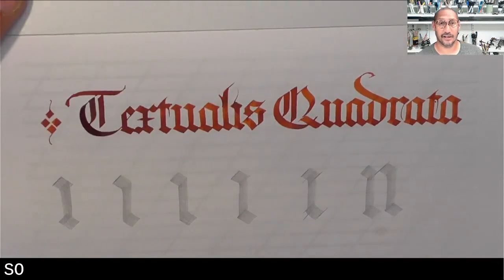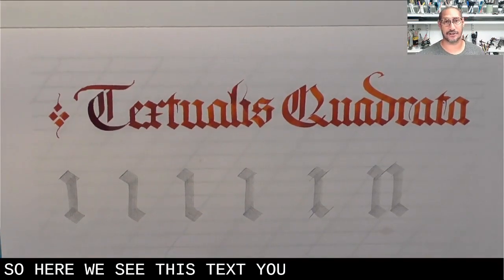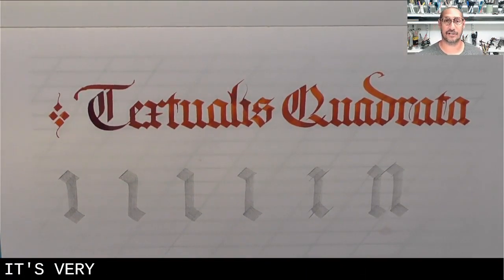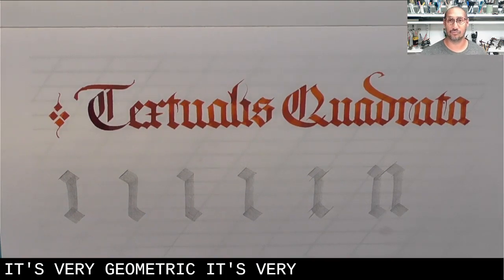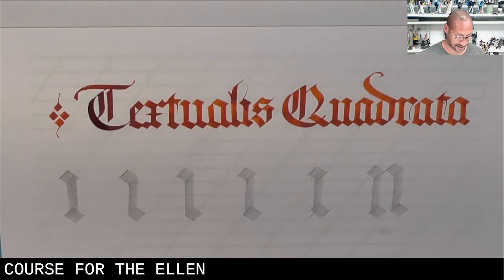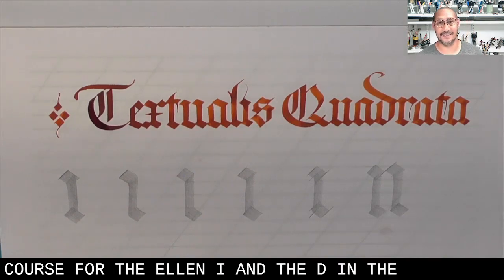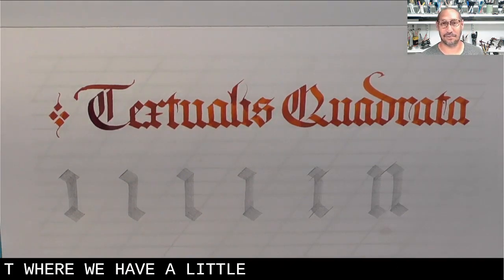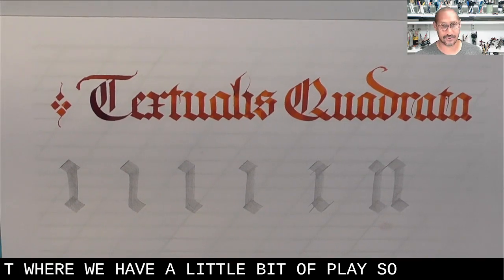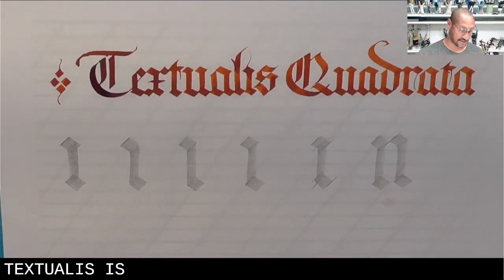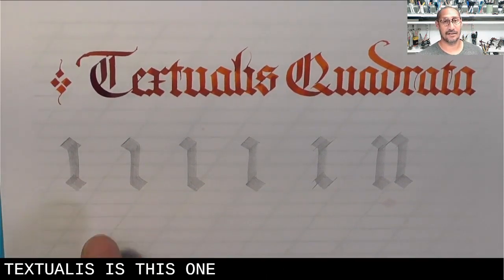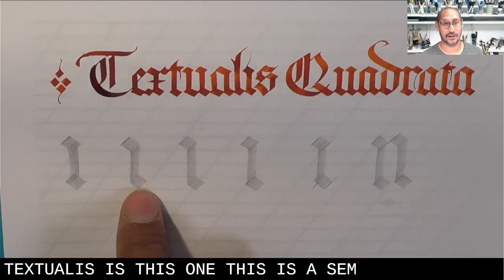So here we see this Textualis Quadrata. It's very geometric. It's very rigid, except of course for the L and the I and the D and the R and the T, where we have a little bit of play. So my Textualis is this one. This is a semi-quadrata.